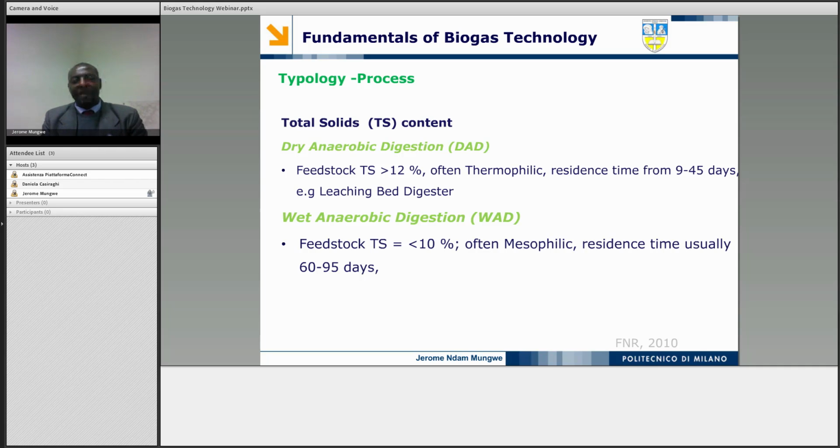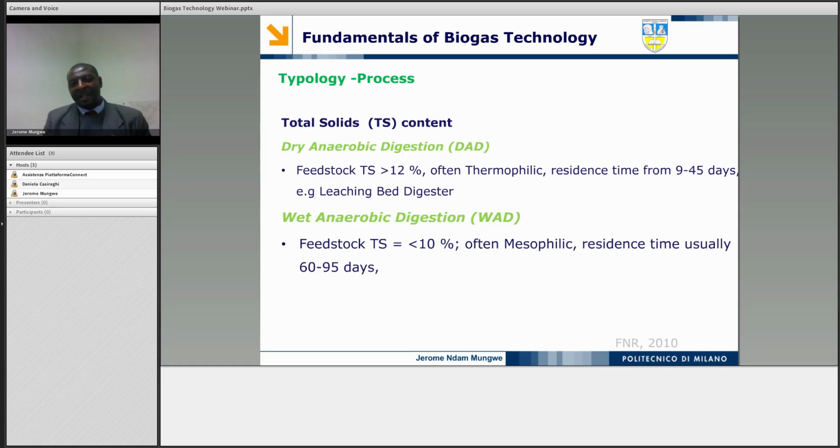We can also classify the process in terms of the solid content of the digester, or the solid content of what we feed into the digester. So we can have either a dry anaerobic digestion or a wet anaerobic digestion. In a dry anaerobic digestion, the total solid in the feedstock is greater than 20%, and in the wet digestion process, the total solid in the feedstock is less than 10%.